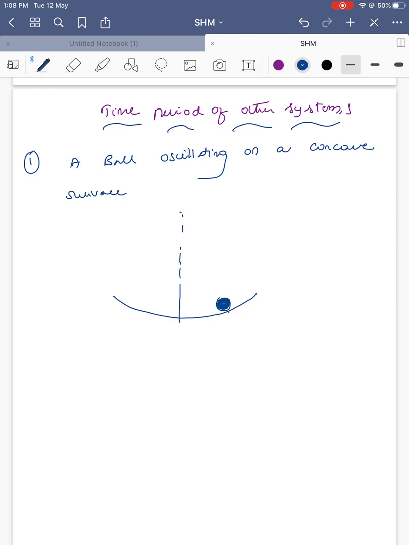Now what kind of force will act? The radius is r. There is mg in the downward direction, and if you resolve mg into components, with an angle theta here, it will be mg cos theta, and along the surface it will be the restoring force mg sin theta.